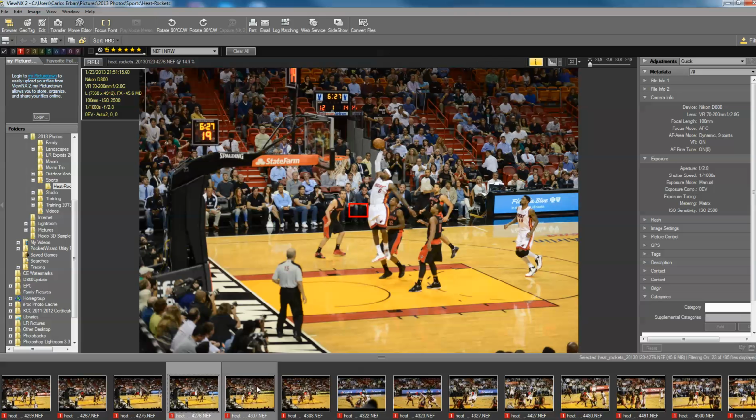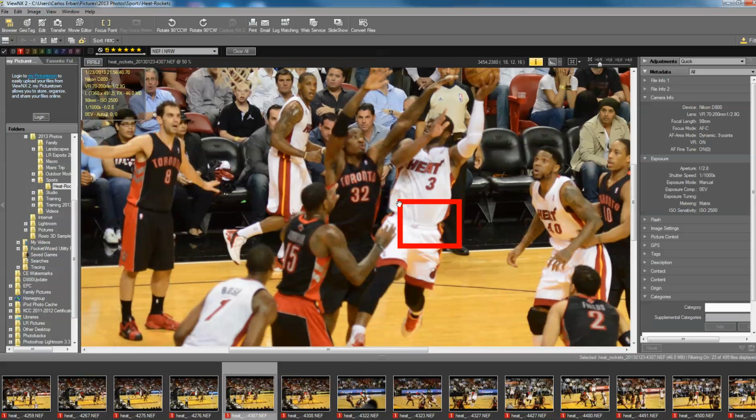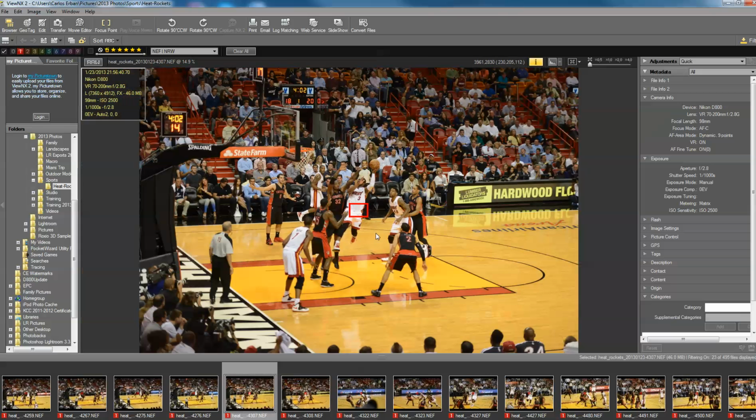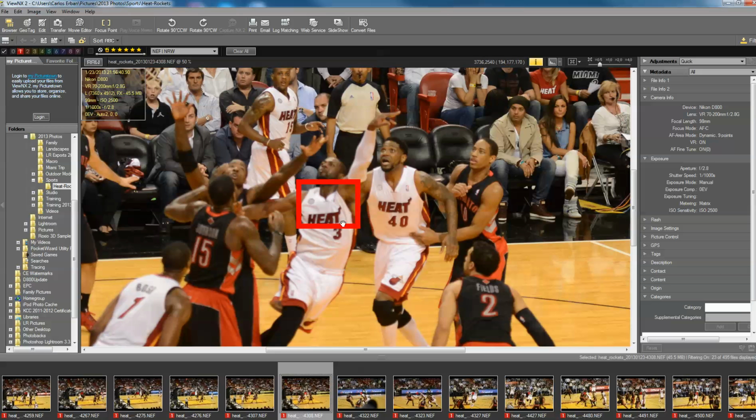What I'm saying is, this is a better example: you have several players next to each other, and you see he's in better focus than Dwayne Wade. So the camera sometimes doesn't know. You see here I'm focusing on Dwayne.